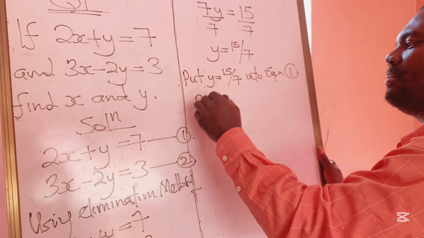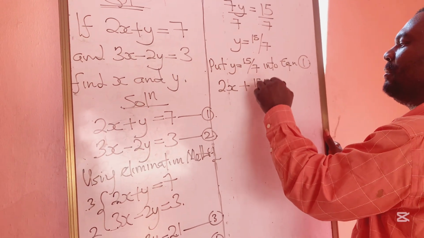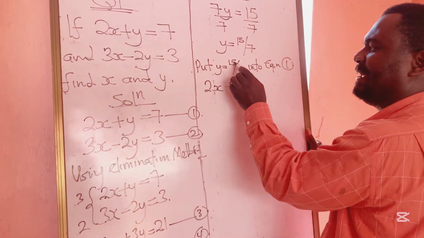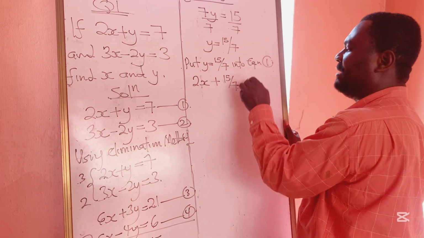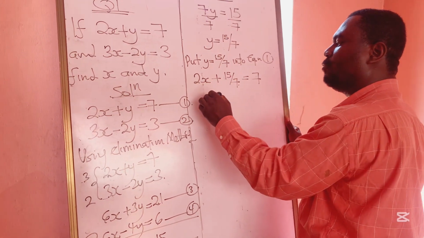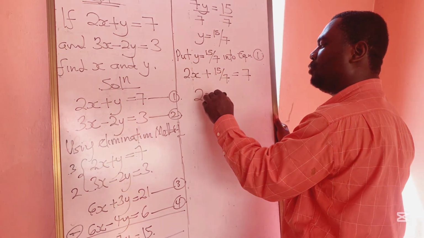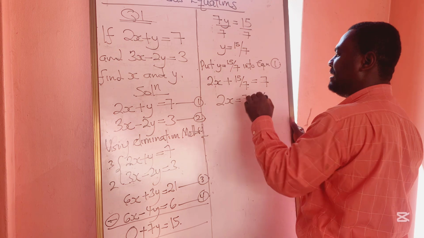The reason we are putting y into equation 1 is to solve for our x. So our equation 1 is 2x plus 15 on 7, because we had our y as 15 on 7, equal to 7. We are solving for x, so we have to group like terms. So 2x is equal to 7 minus 15 on 7.